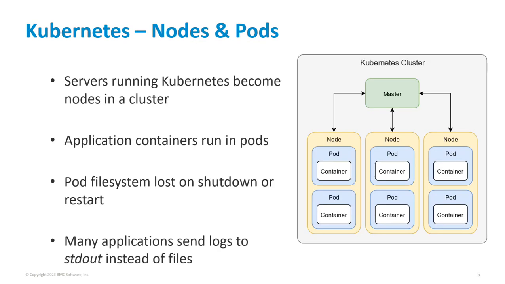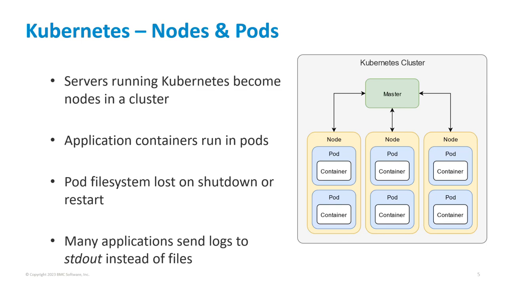When we move to Kubernetes, those physical or virtual systems are now nodes in a cluster. They run Kubernetes software to help manage and integrate the systems together. And your applications are deployed from container images and run as pods across the cluster.